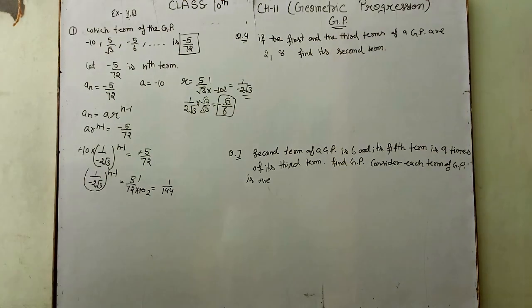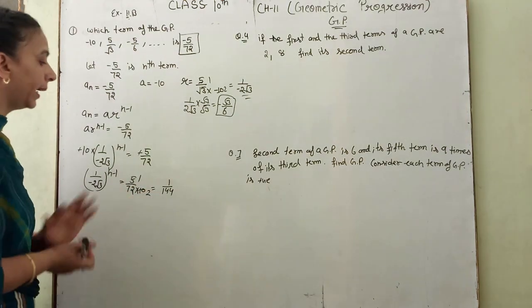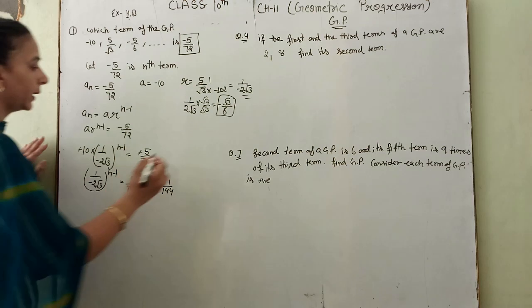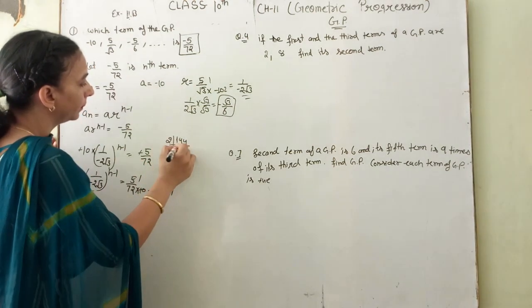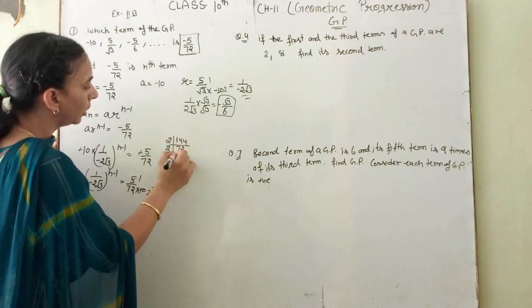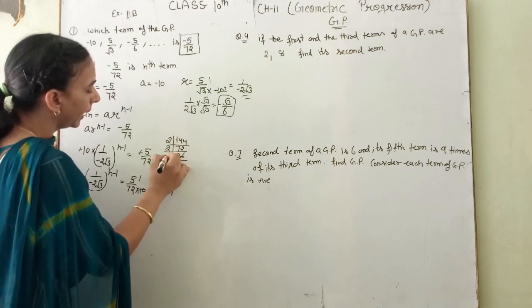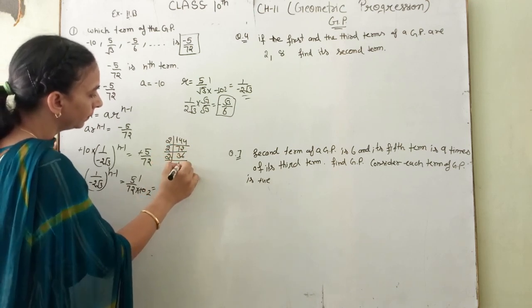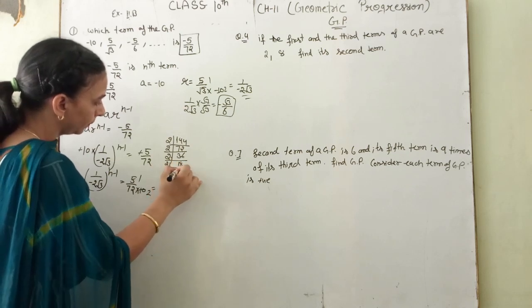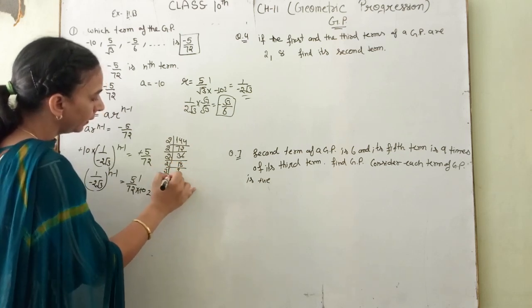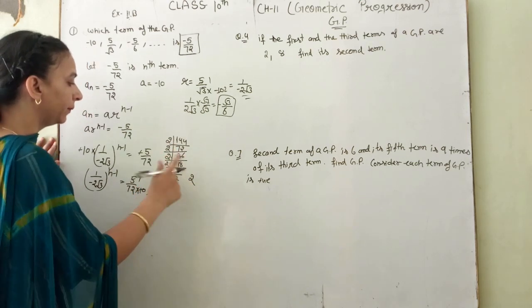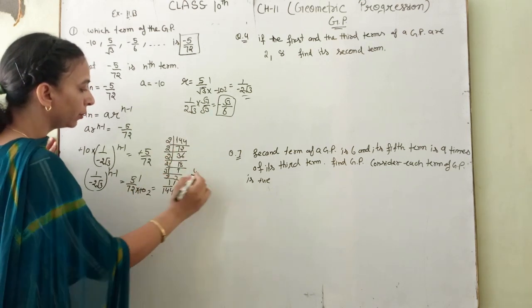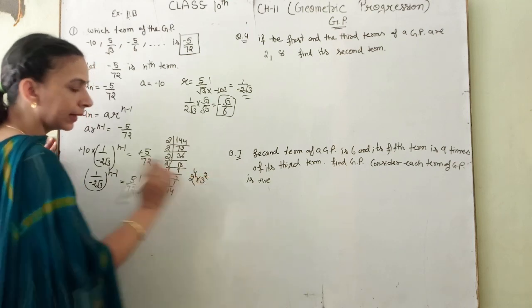Okay students. Next we factorize 144. First we factorize 144: 2, 2, 2, 2, then 3 and 3. So 2 raised to the power 4 and 3 raised to the power 2.